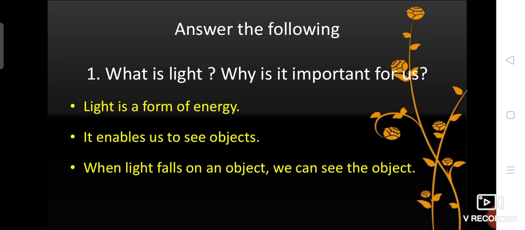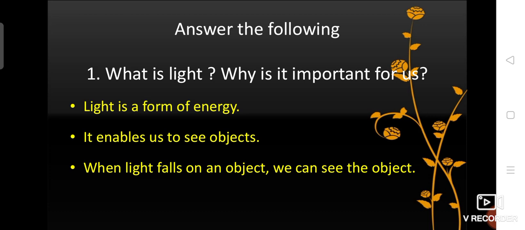Next one is answer the following. The first question, what is light? Why is it important for us? Light is a form of energy. It enables us to see objects. With the help of light only we can see the objects.